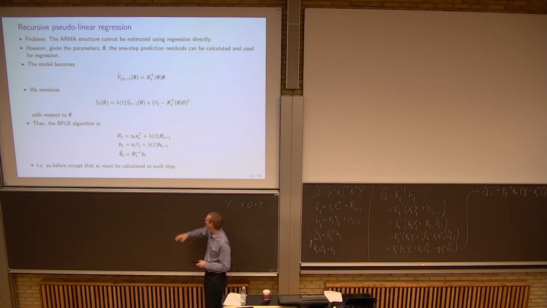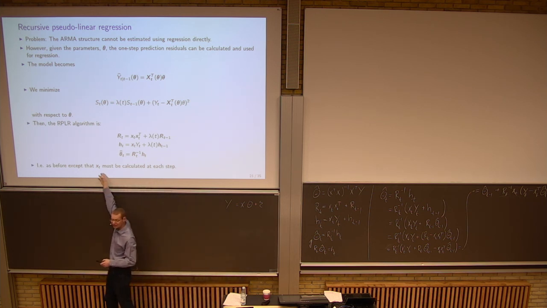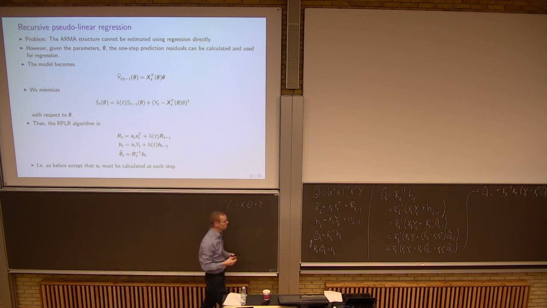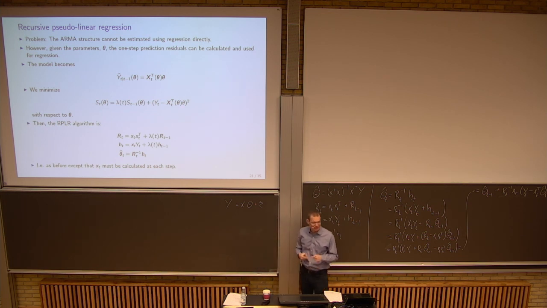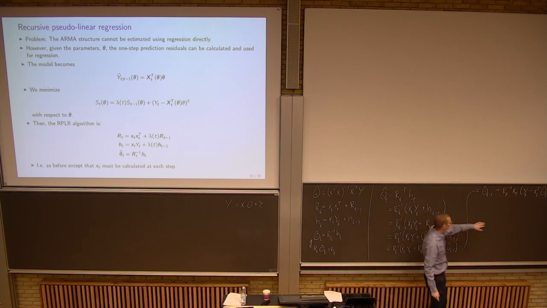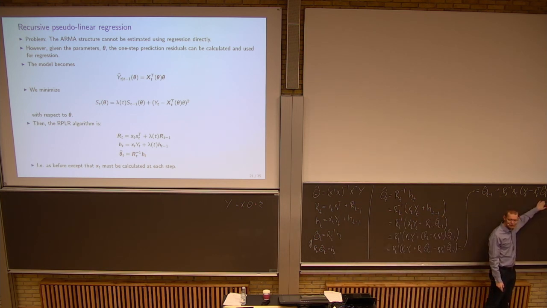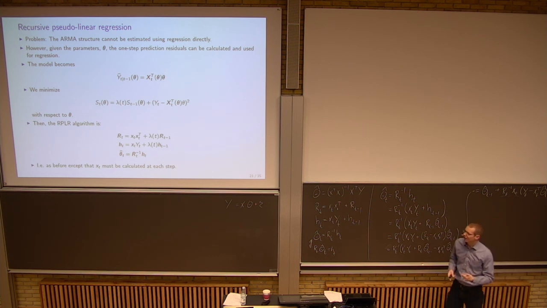And that means that we have to calculate xt. We don't just get it. And if we do it by updating this way, we use the most recent estimate of theta to get a prediction error, and then we can repeat that step as often as we like.